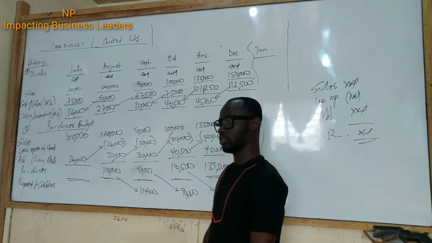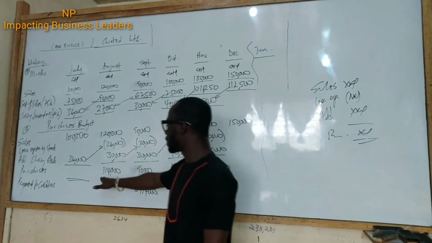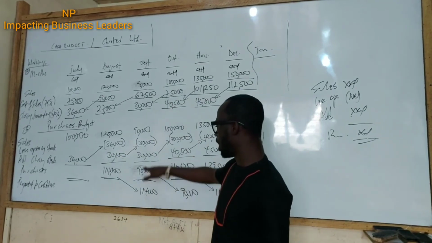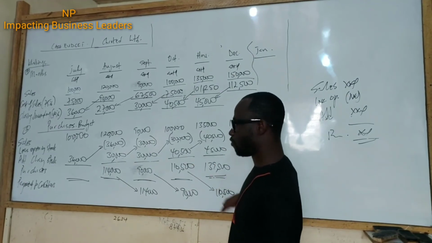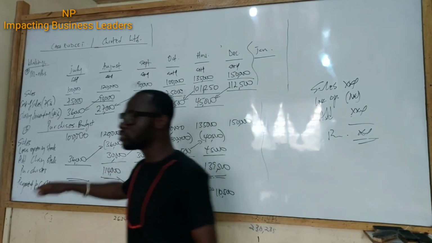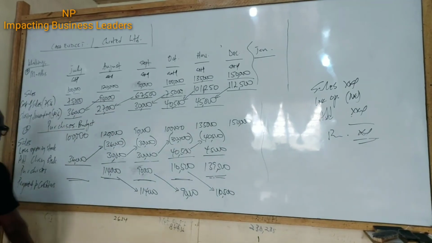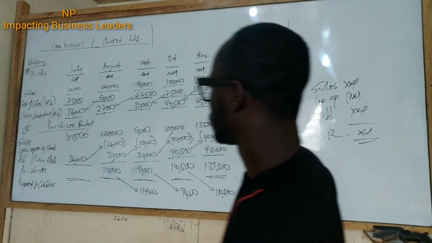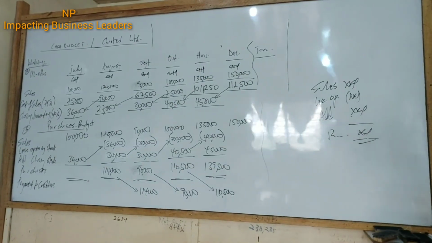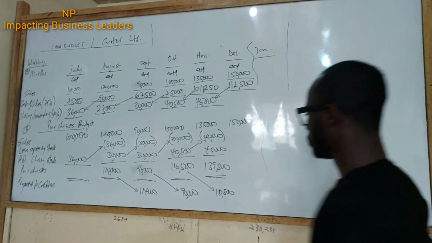Okay. So purchases for August will be paid in September. September will be paid in October. October will be paid in November. This is what is going into our cash budget. So that is the third thing we do as part of our workings for this question.